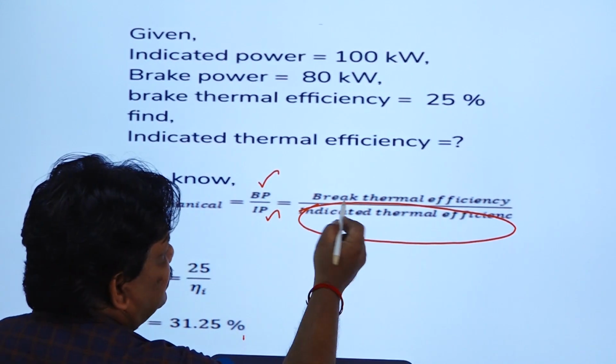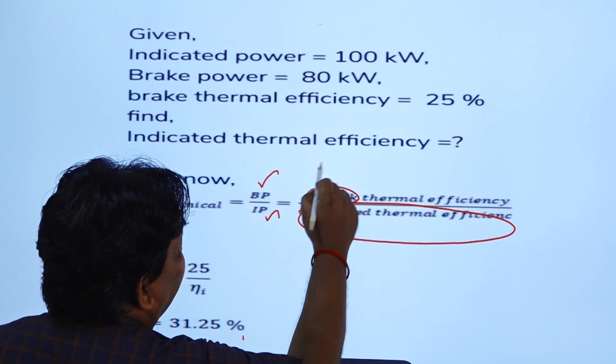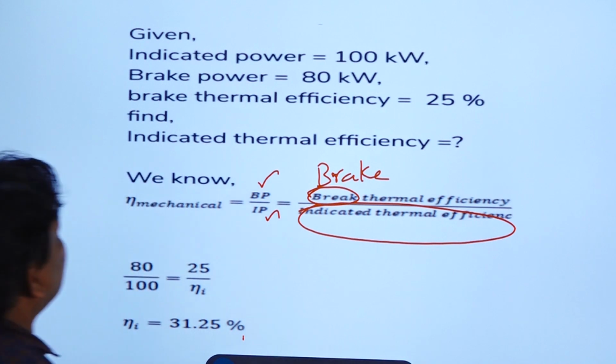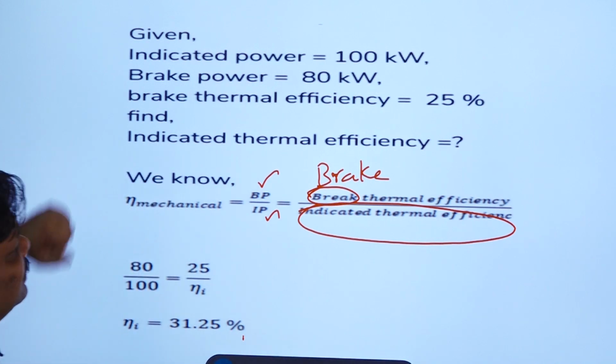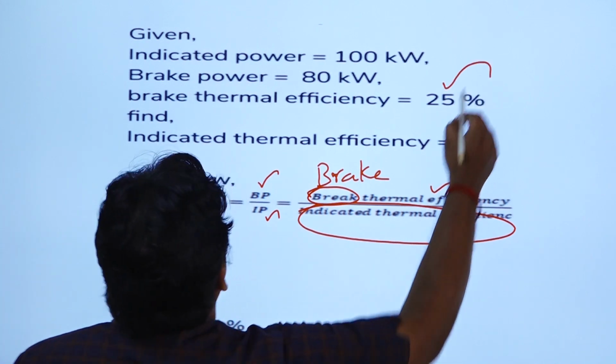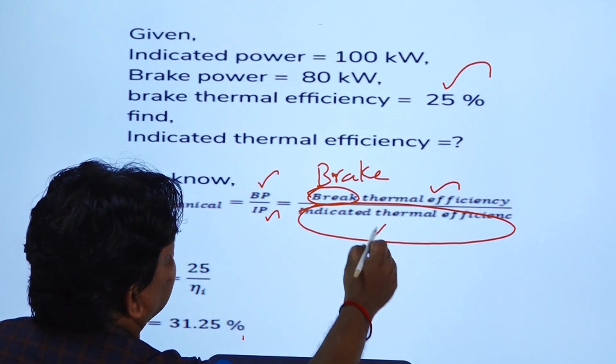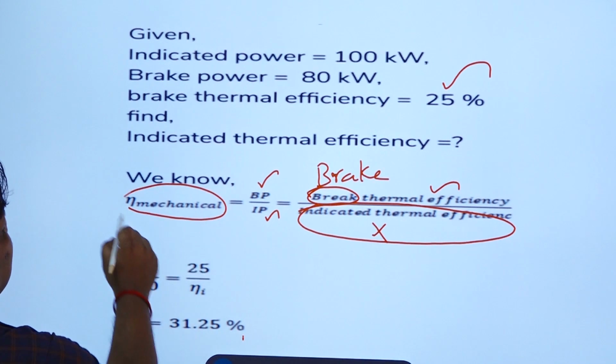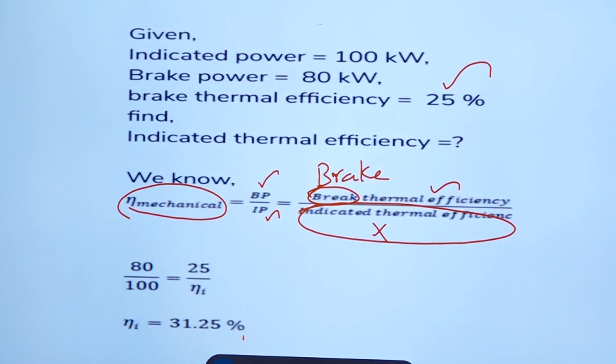If you substitute in the case of these efficiencies, this can be brake thermal efficiency by indicated thermal efficiency. So brake thermal efficiency is given to you, and you have to find this indicated thermal efficiency, and so the mechanical efficiency.